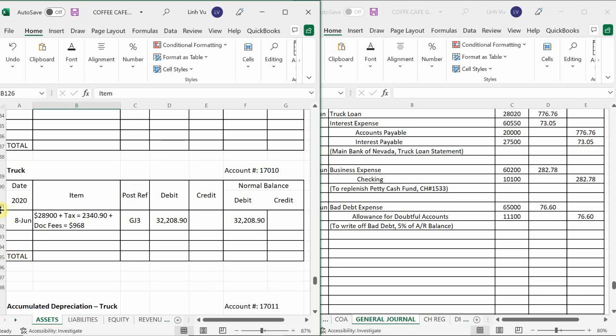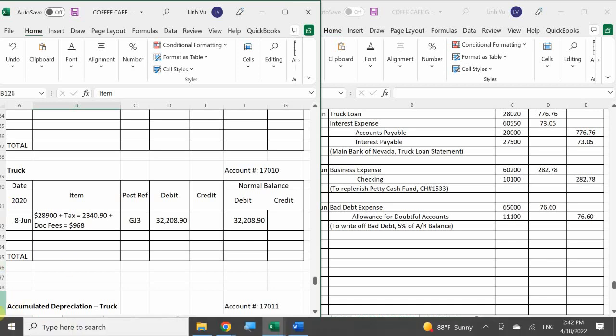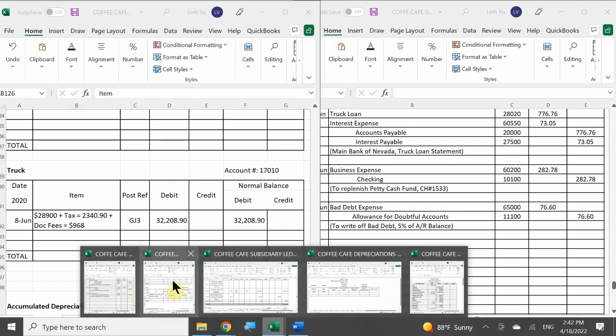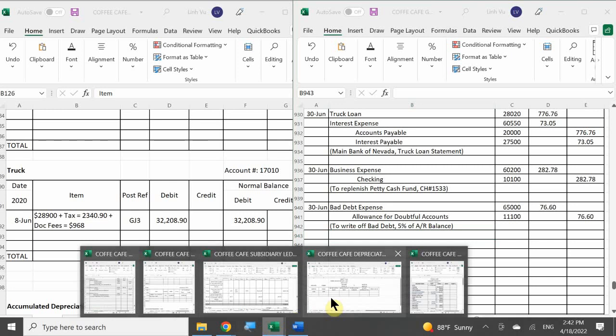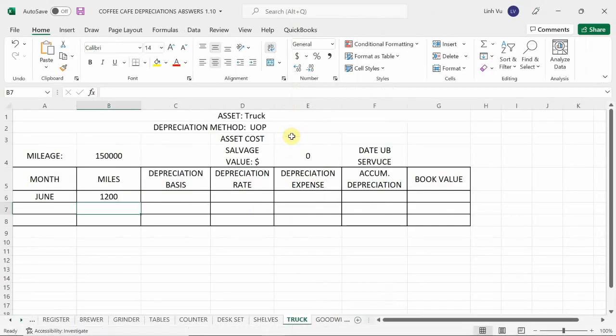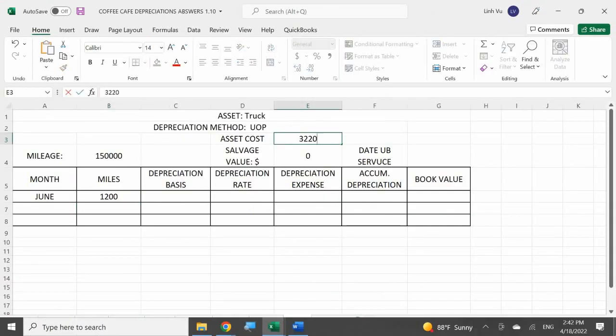So that's how much my asset is worth right now. $32,208.90. Right?